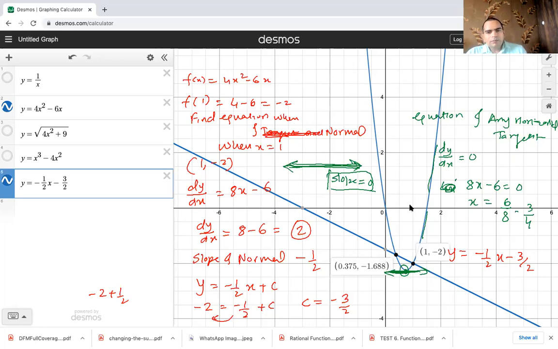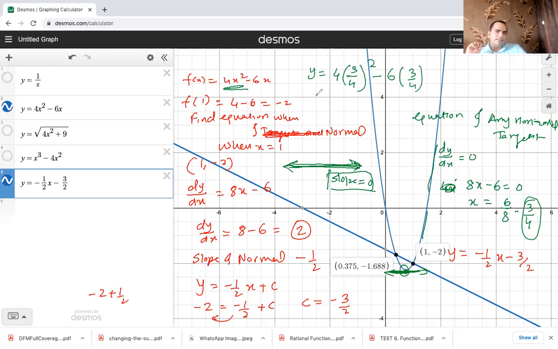Now, our objective is to find the equation of the horizontal tangent. So what you're going to do is plug this x coordinate 3 over 4 into the curve to get the y coordinate. So y equals 4 times (3 by 4) whole squared, minus 6 times 3 by 4.